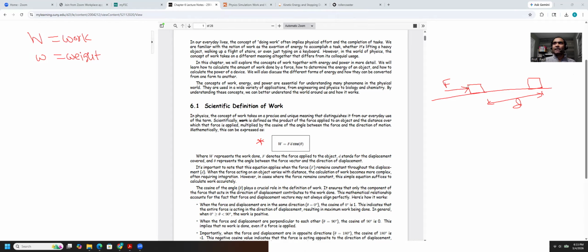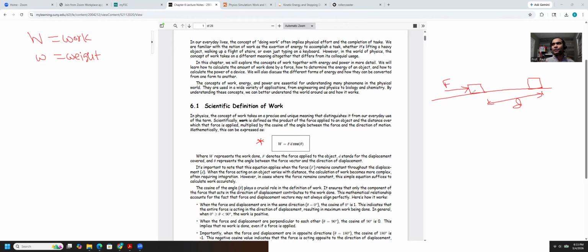So now we can say that we did work on this object. So the definition of work done is: when we apply some force, and because of that force the object moves, that means if there is some displacement, then we can say that the force does some work on this object.